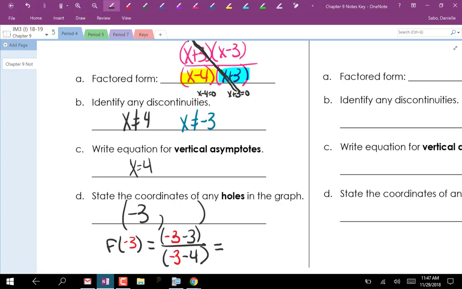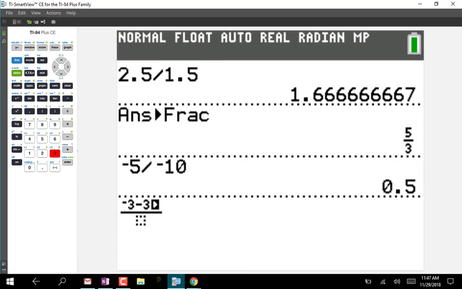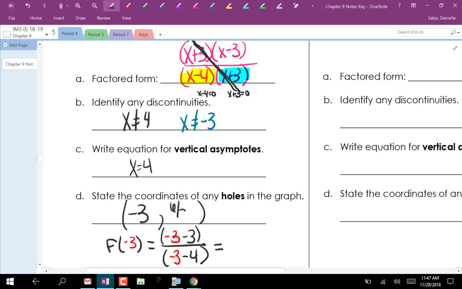Here we go. -3 minus 3 all over -3 minus 4. 6 over 7. See, isn't that kind of nice when you do that? If you got a weird decimal, I would accept decimal answers. You can use decimal answers. It's okay. So we're going to use 6 over 7 here. Go back. 6 over 7.